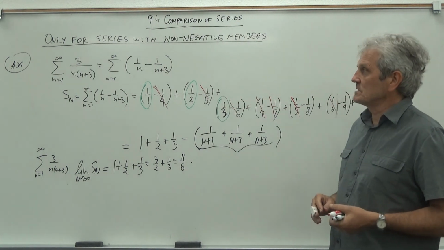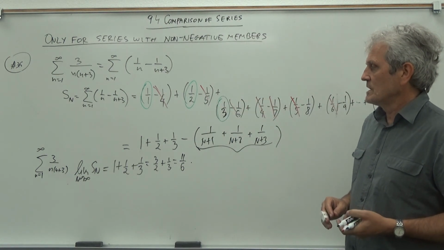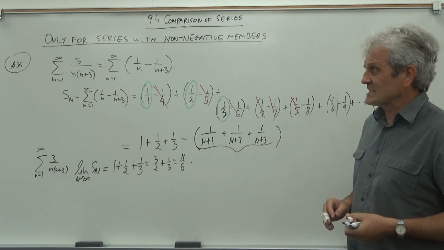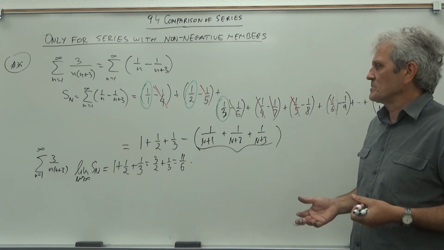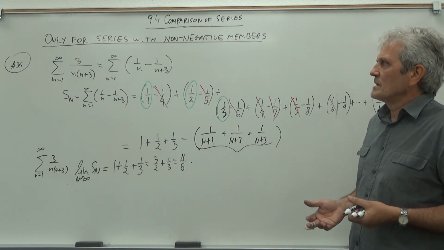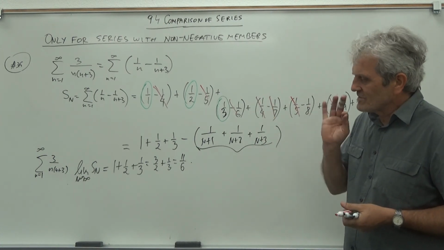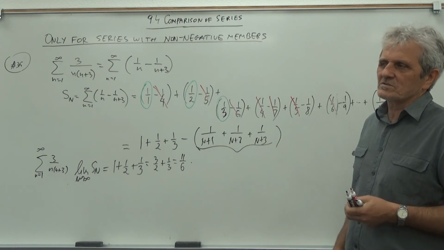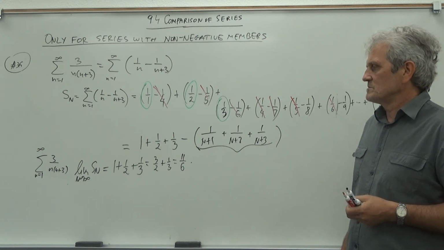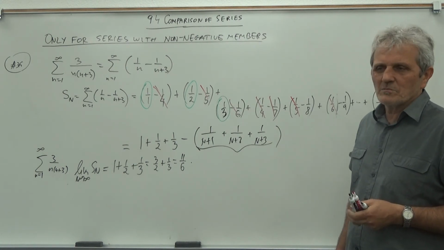So not only did we get convergence this time, we also got the value of the limit. Once again, as I said, it's in the book, it's in the homework, but really don't take too much out of these telescoping ideas, because they are designed just for these special cases. It's more curiosity than really methodology.